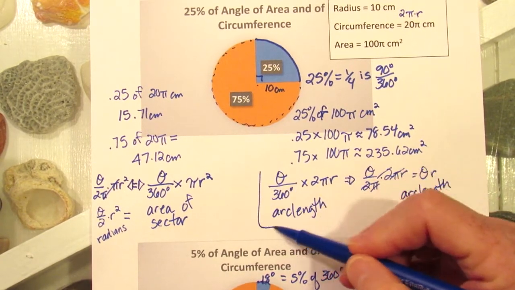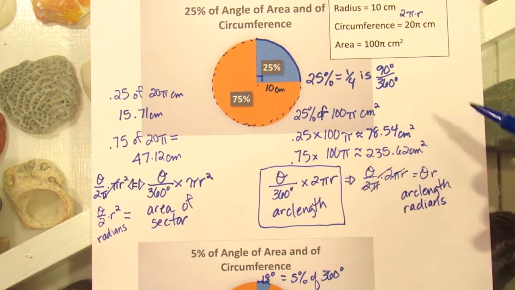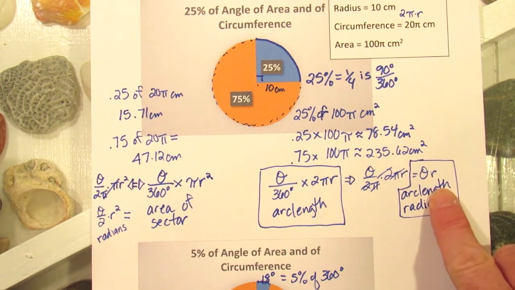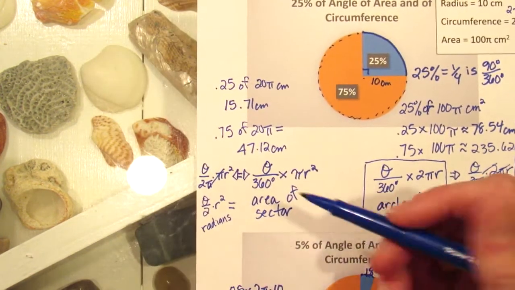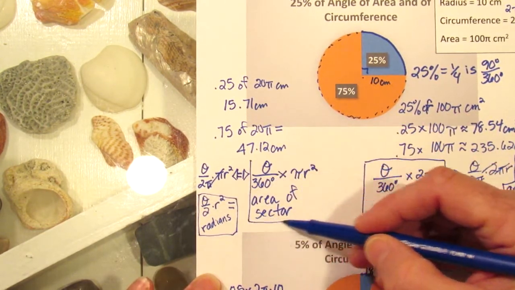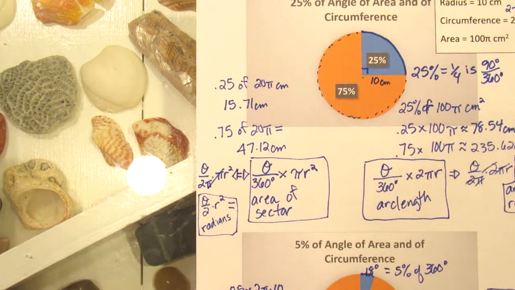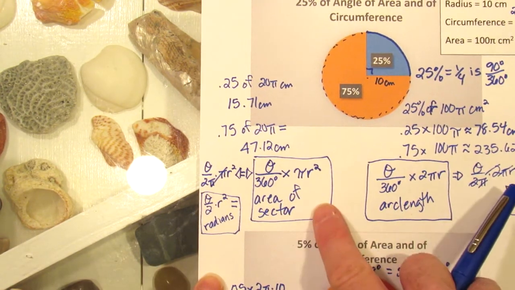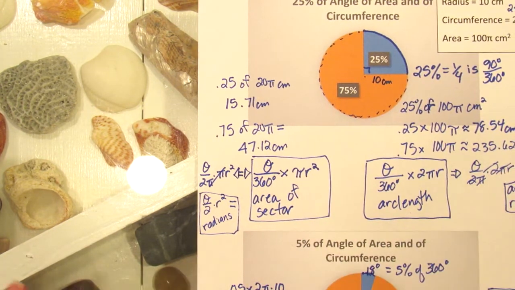So just be aware of what unit you're working with, okay? If you're working with radians, then they do clean up. If you're working with degrees, then you're going to use 360, and the formula itself doesn't clean up too much. But I think a lot of times when you're working with shapes, you're going to work with degrees and not radians.